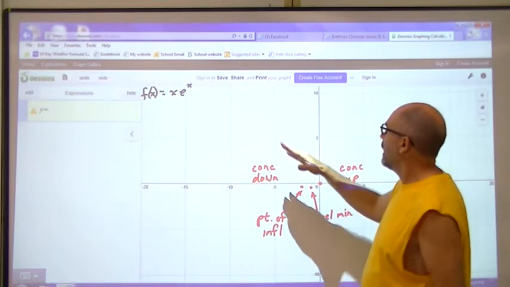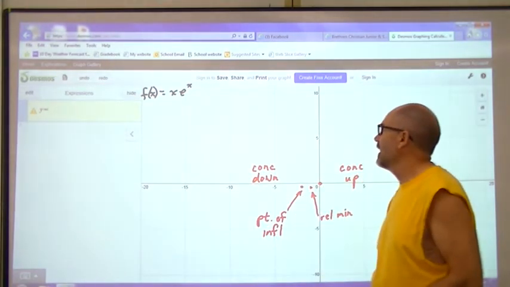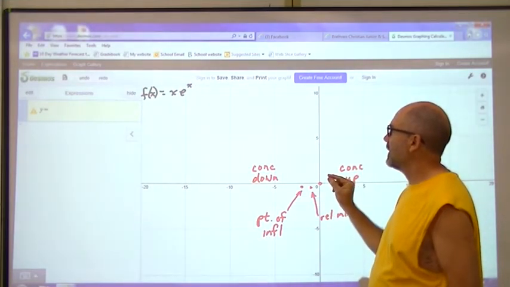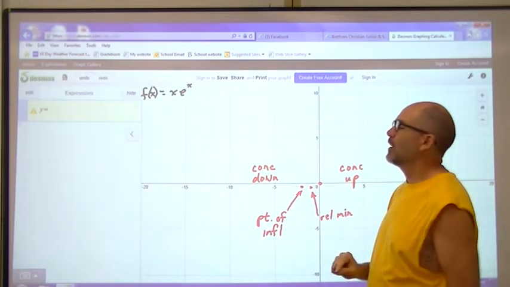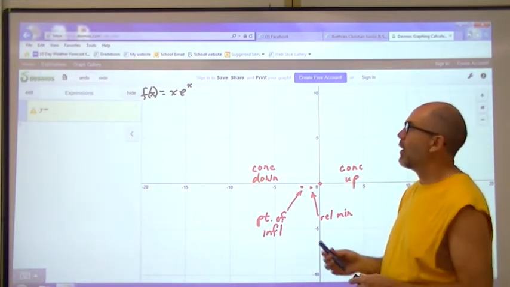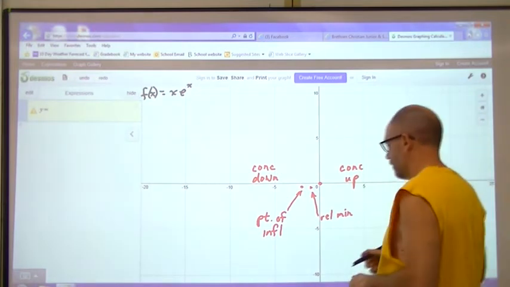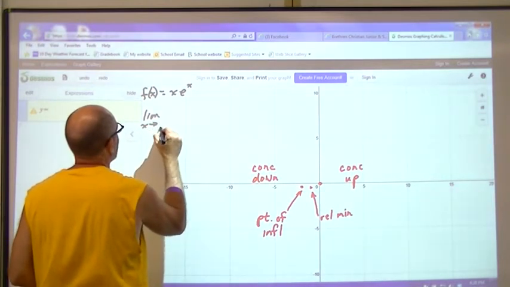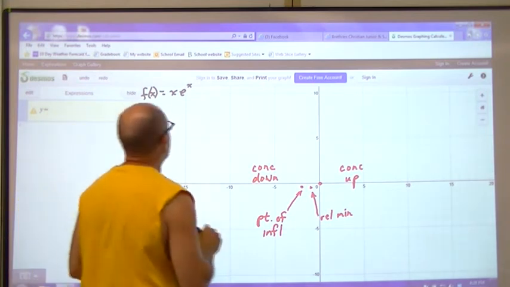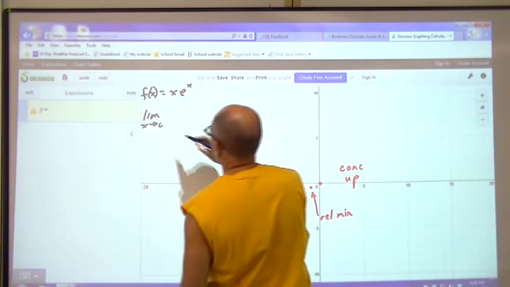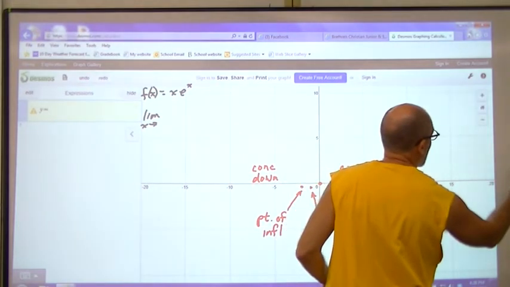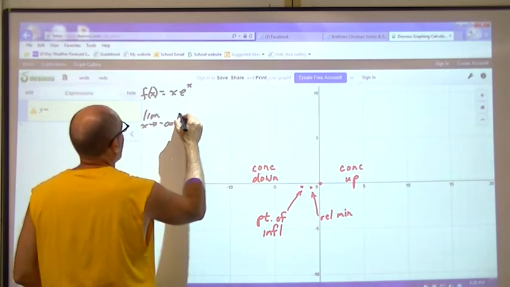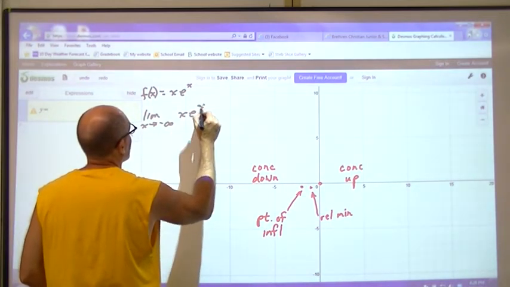And now, if I let x approach negative infinity, then I've got a negative infinity times e to the negative infinity. So, interesting. We need to figure out what that limit is. So we want the limit as x approaches negative infinity of x e to the x.